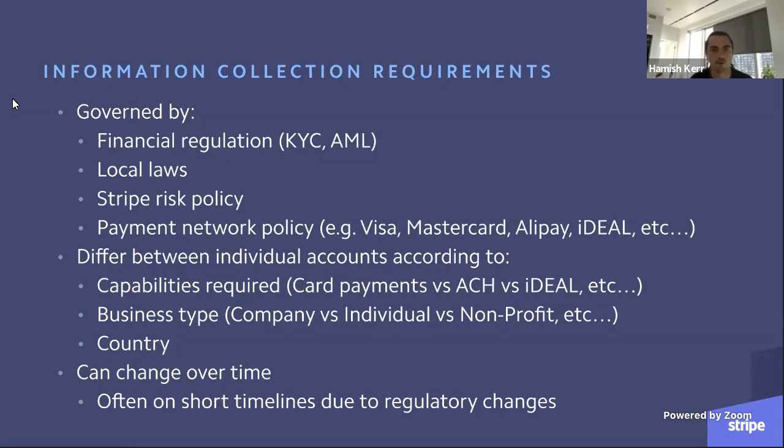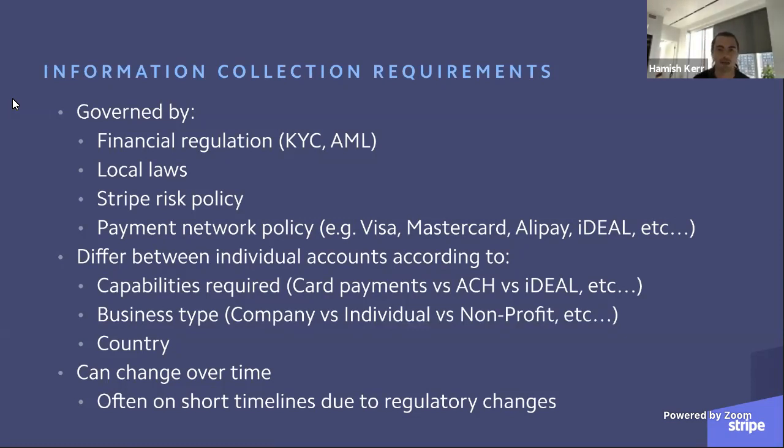The things that can cause the information collection requirements for onboarding to differ are capabilities required. Do you need the Stripe account to accept card payments directly? Do you need them to receive ACH payments, iDEAL, other mechanisms? It can vary depending on the business type. Obviously the information that we need about an individual is different to the information that we need about a business, a company, or a nonprofit.